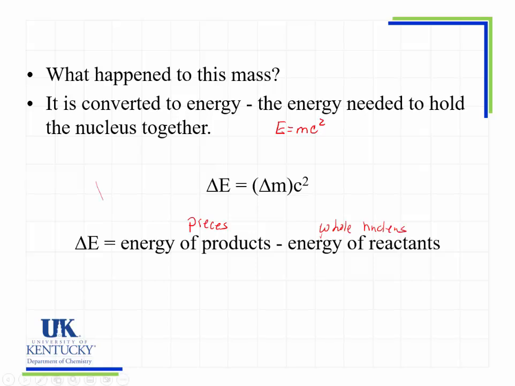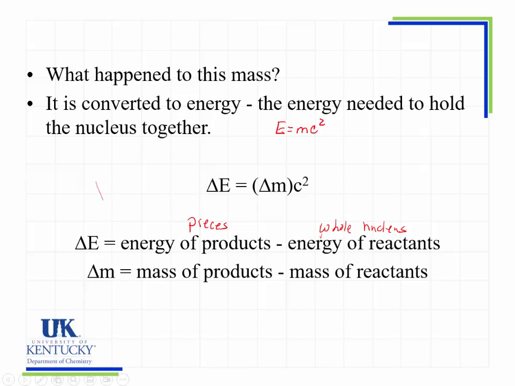That would be the difference in energy coming from this. This is the mass of the pieces minus the mass of the whole nucleus. In other words, in the case of our fluorine-19, our mass defect was 0.1587 AMUs.